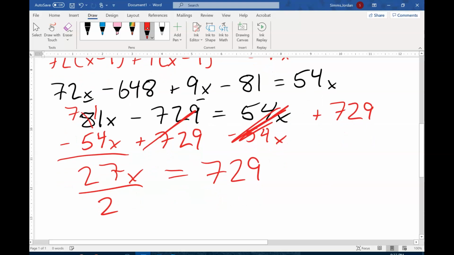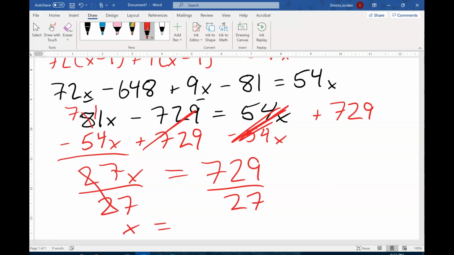Next, we'll just solve for x. Divide both sides by 27. 729, calculator time again, divided by 27, it's going to equal 27. So that should be our answer right there.